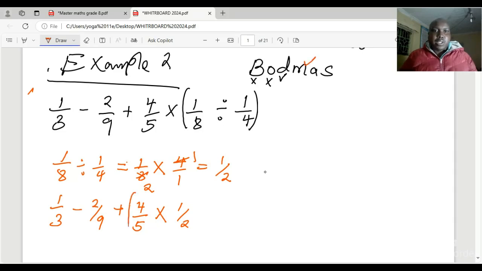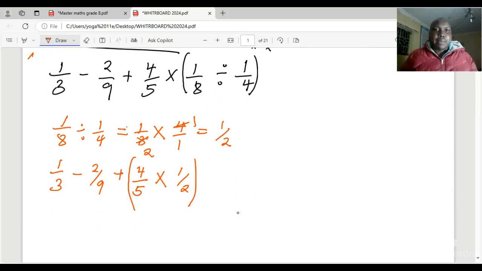And our multiplication is here. Now there you multiply directly, you just cancel out. 2 here 1, 2 here twice. Now we again recopy 1 over 3 minus 2 over 9 plus the answer from multiplication, which is 2 over 5.